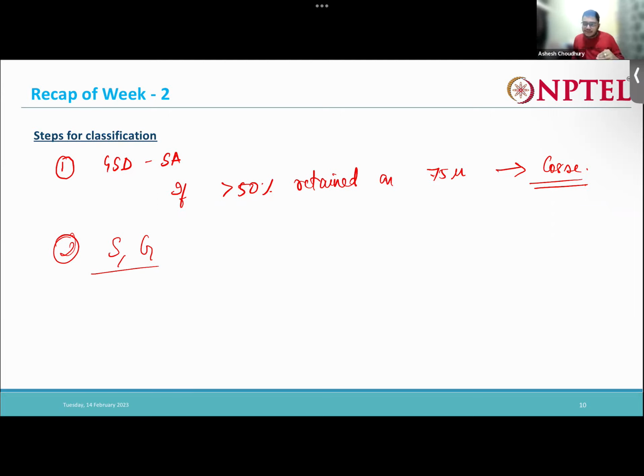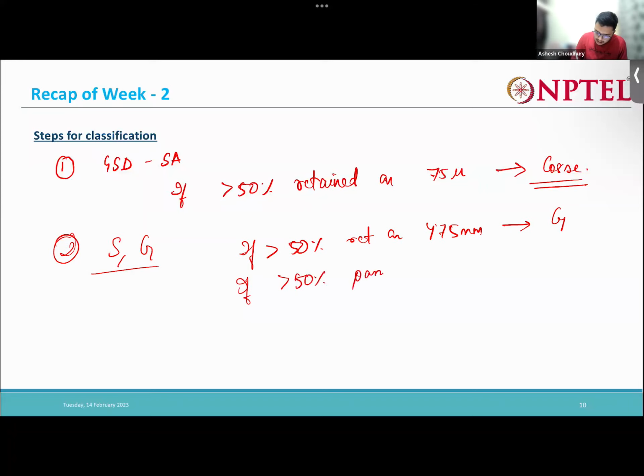If more than 50% is retained on the 4.75 mm sieve, then it is gravel. And if more than 50% passes the 4.75 mm sieve, then it is sand. So below 4.75 mm, it's our sand.